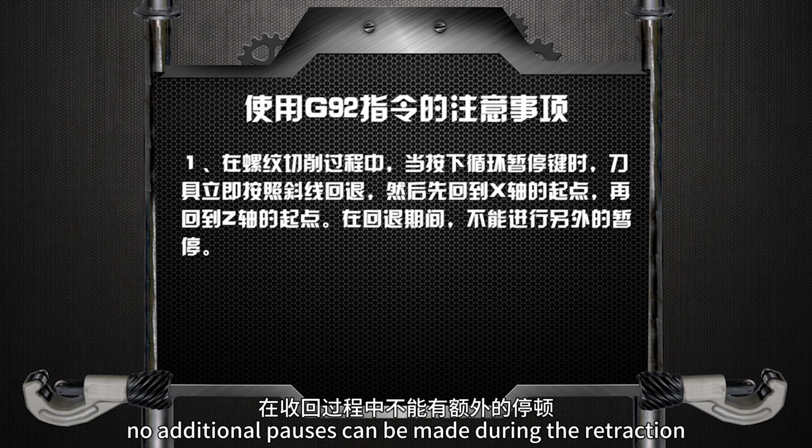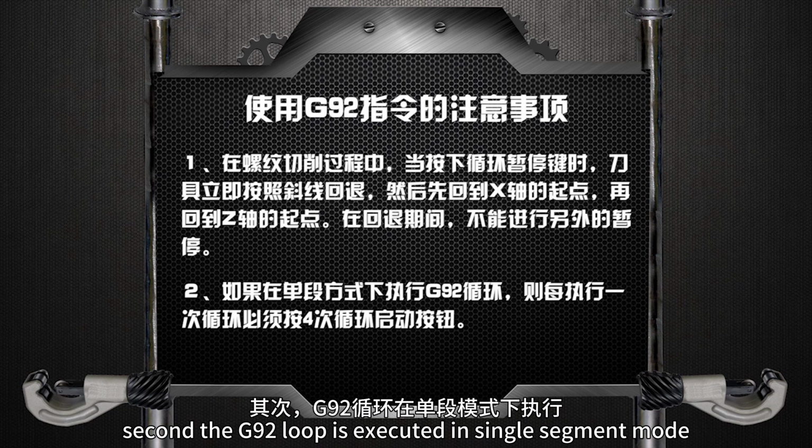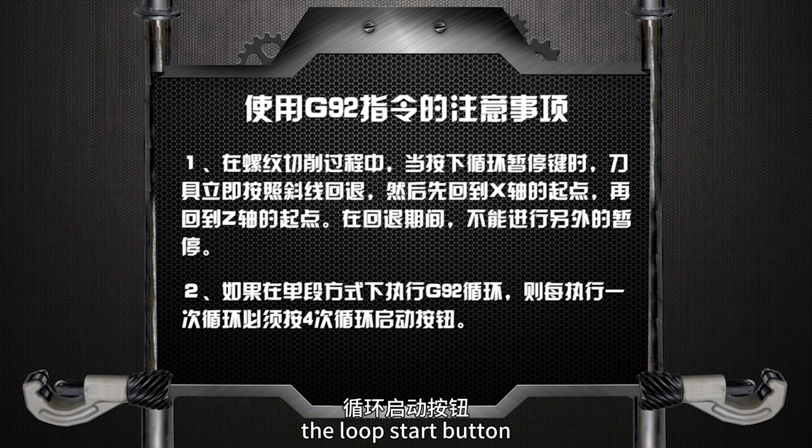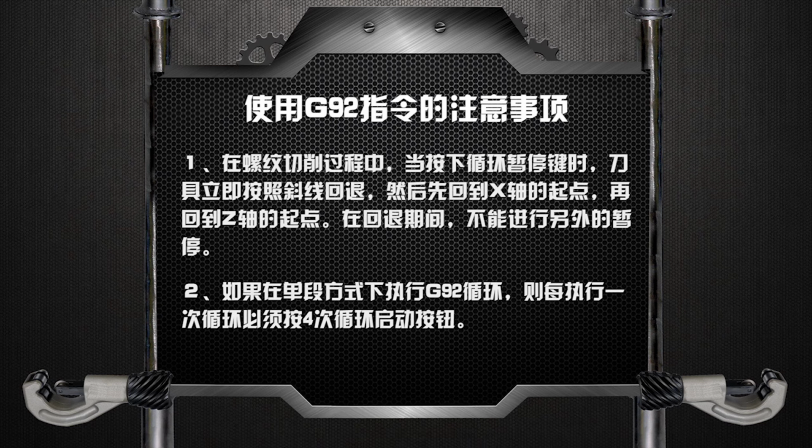No additional pauses can be made during the retraction. Second, the G92 cycle is executed in single-segment mode. The cycle start button must be pressed 4 times for each cycle executed.